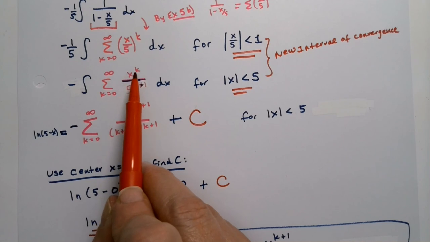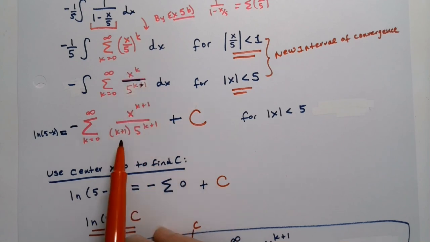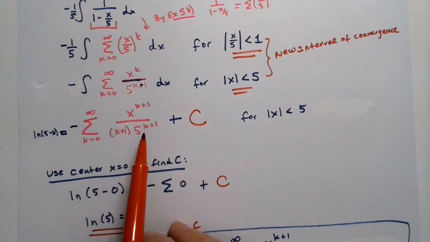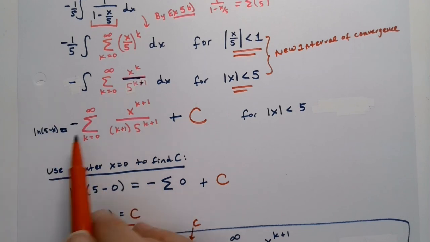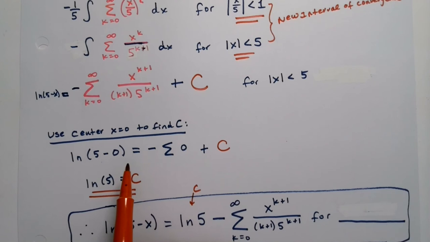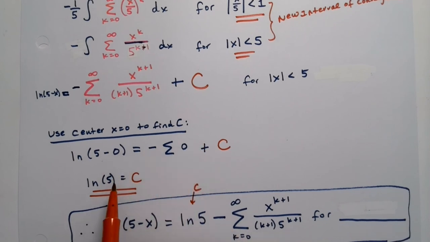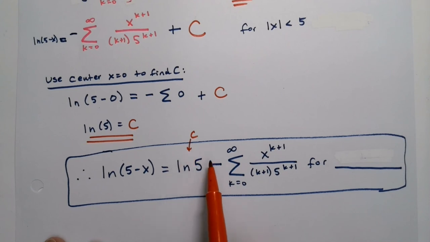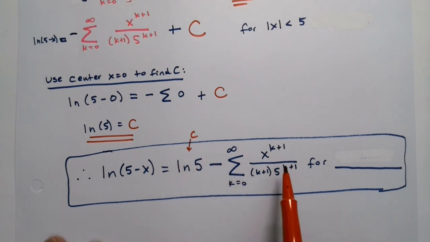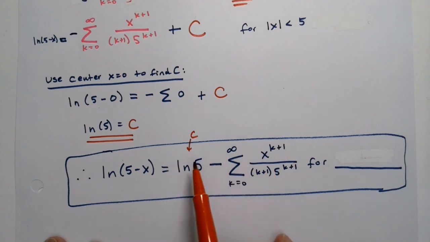So I integrated x to the k, which is x to the k plus 1 over k plus 1. The 5 to the k plus 1 doesn't have x in it, so it just sits there. This is all equal to my function all the way down, but I have a constant, and then I have to solve for that constant using my center. And that got me my power series. So there's my constant minus my series. So together, they are the series that is the natural log of 5 minus x.